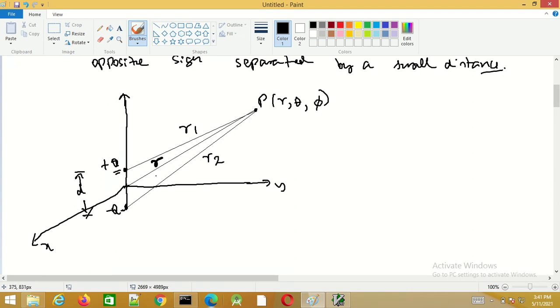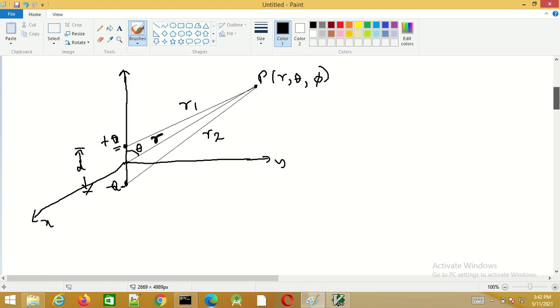And this angle is theta. So with this background, we will try to find out the potential at point P due to these charges plus Q and minus Q.